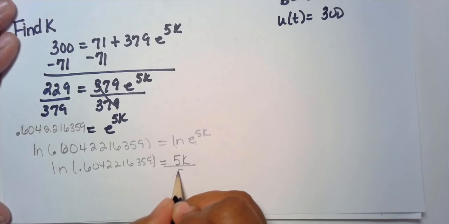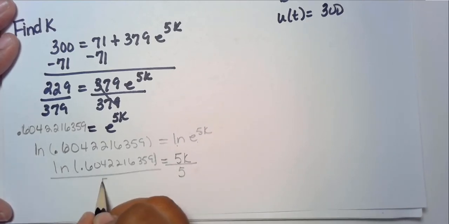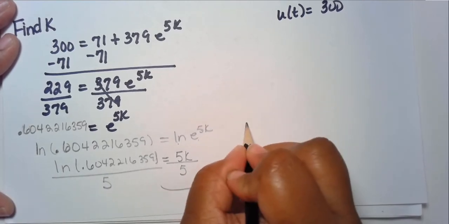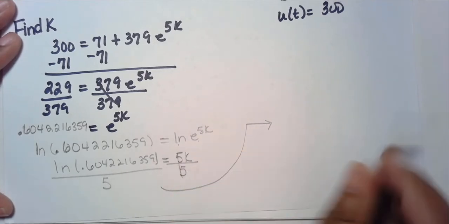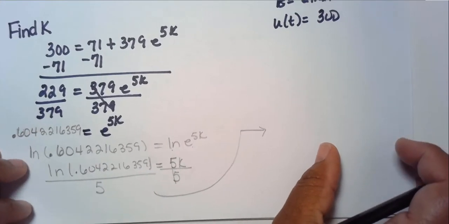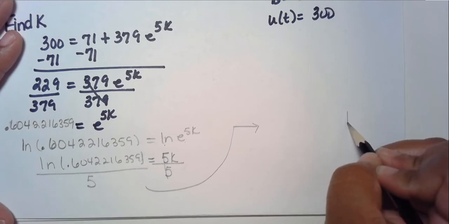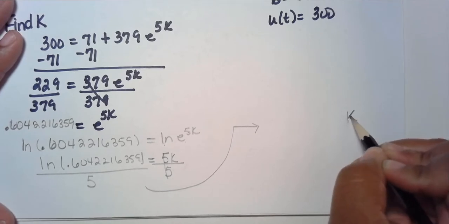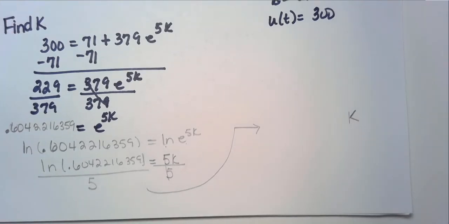Then we're going to divide 5 to both sides. And then what would k equal to? Okay, so let's go ahead and put that in.